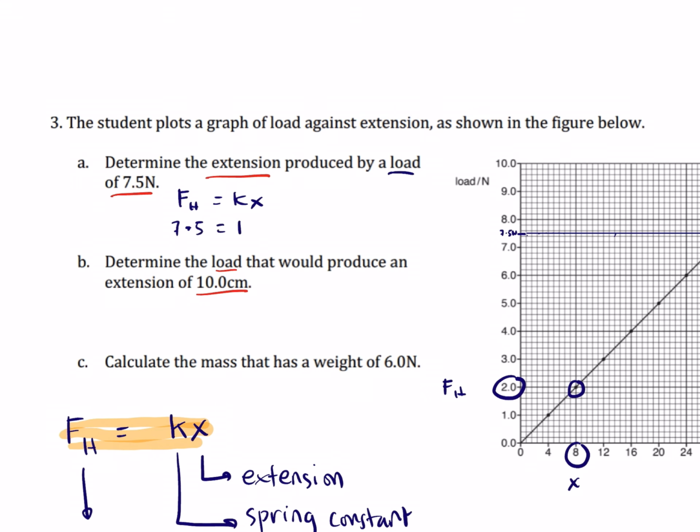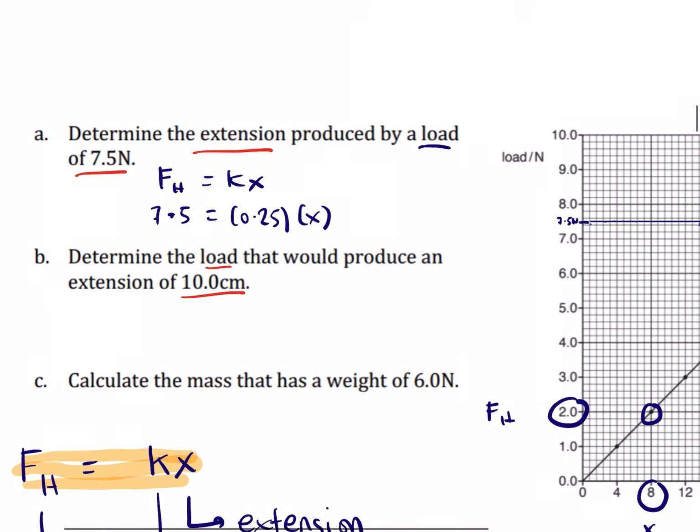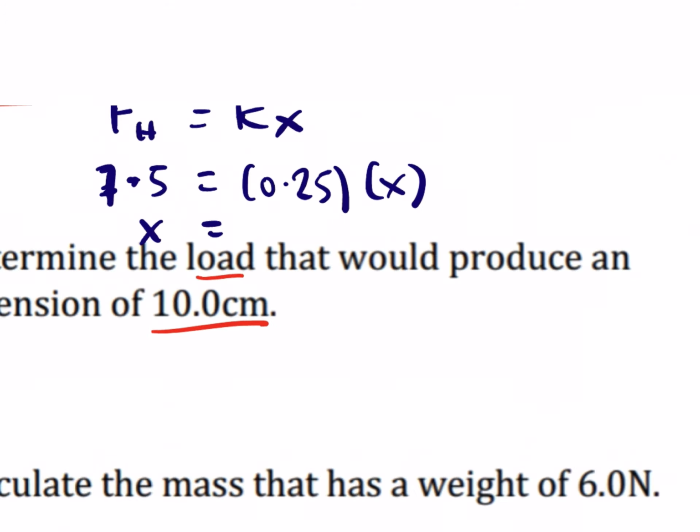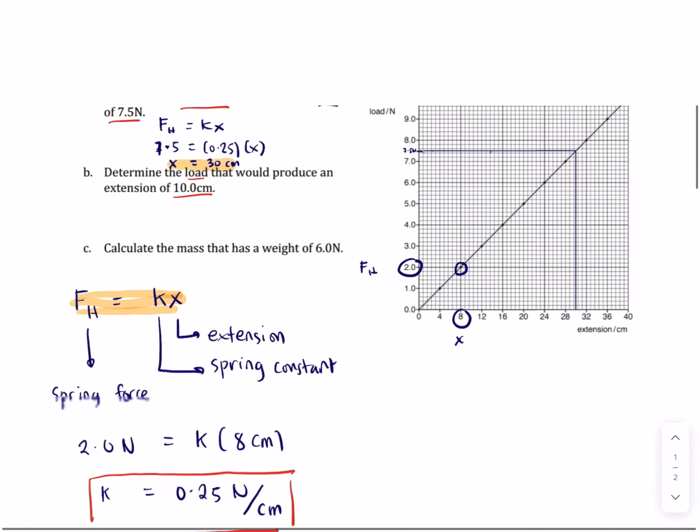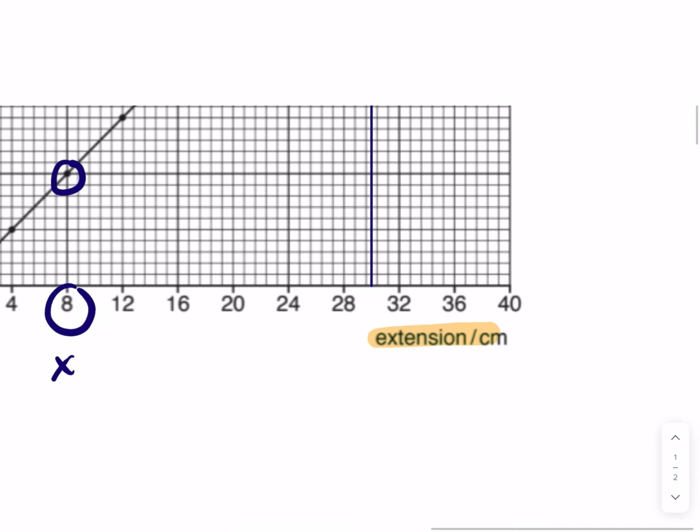The K is 0.25 as what we have previously obtained. And then we could solve for the extension. This means that our x, or the extension, is equal to 30, and the unit is centimeters, because this is the unit that is given on the graph. So the extension is in centimeters.